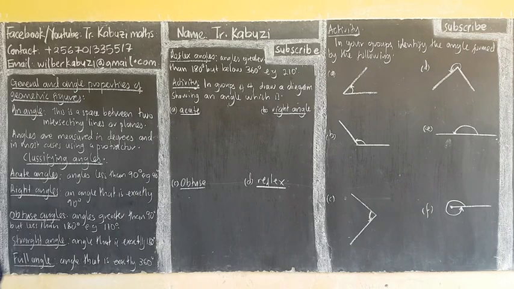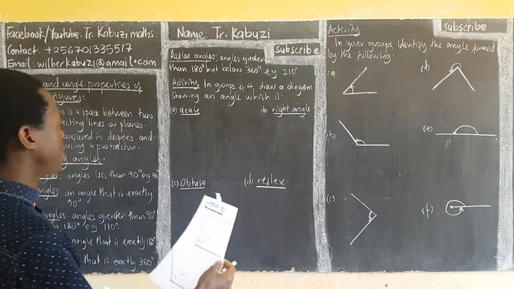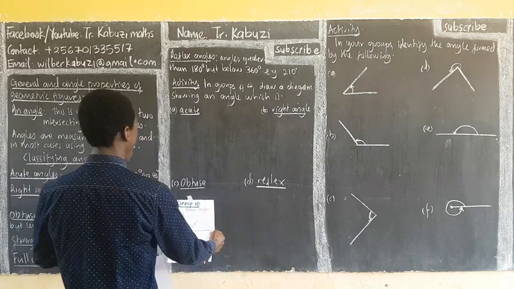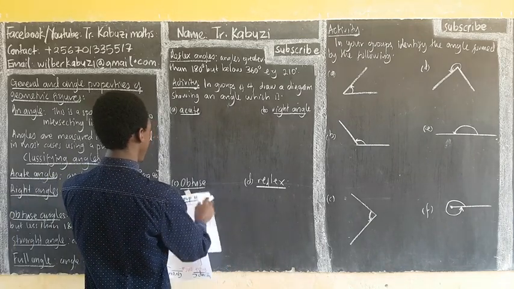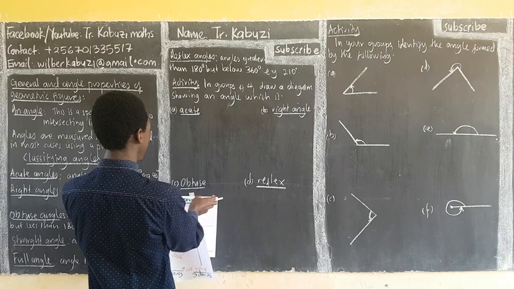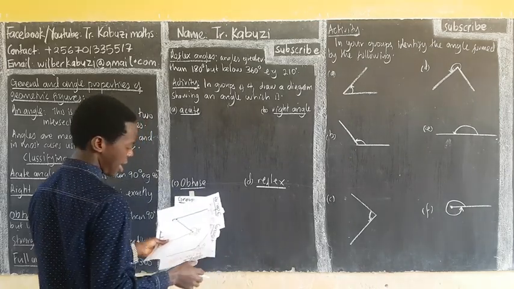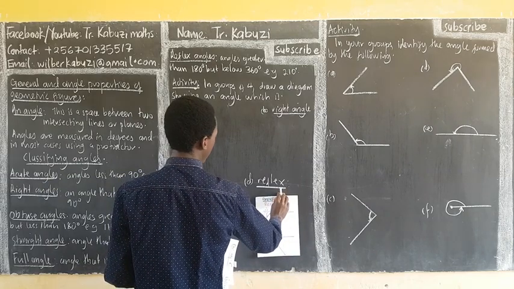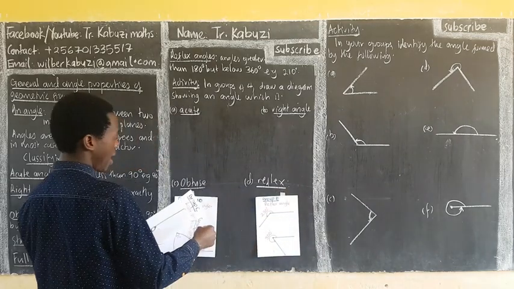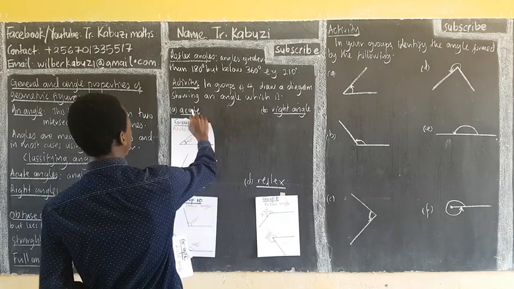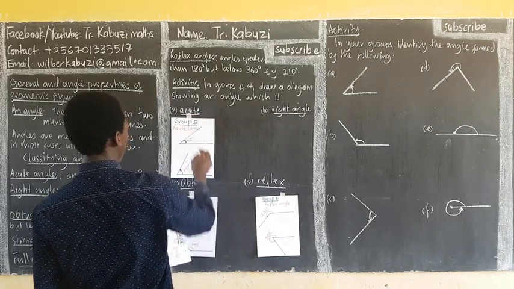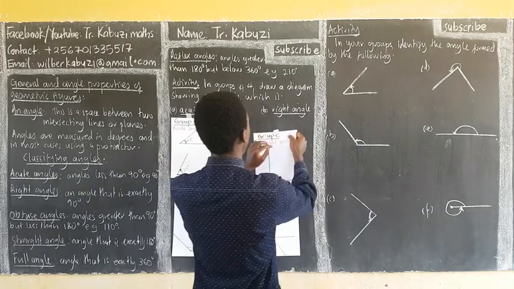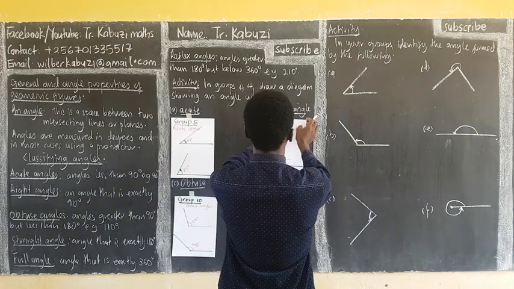These are examples I have. This one is drawing obtuse, so I put here obtuse. This is group 10. Then we have these ones drawing reflex, these drawing acute, and these ones drawing right angles.